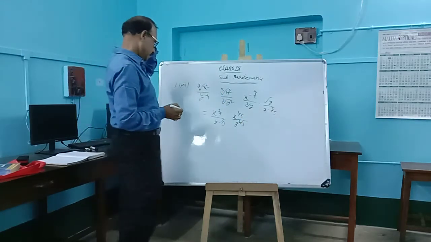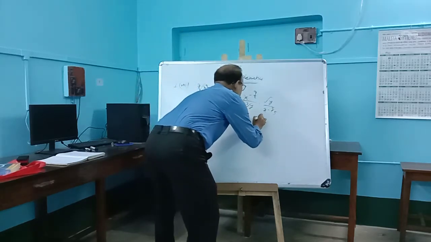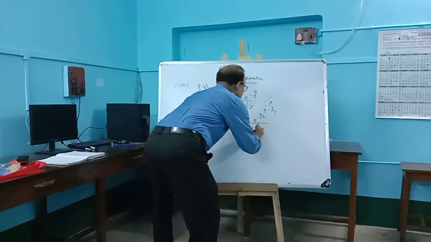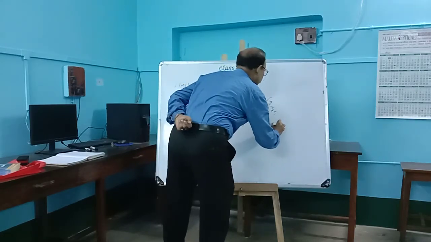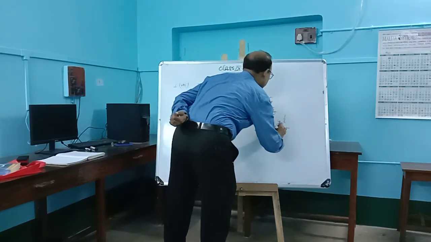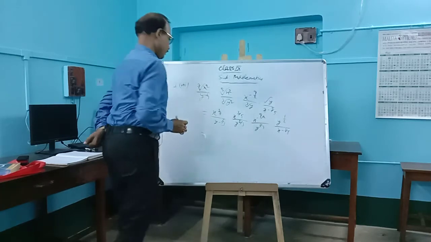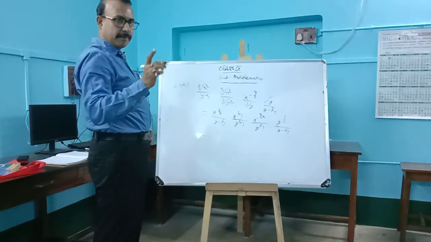Into x to the power minus 9 by 2, by y to the power 1 by 3, into y to the power 1 by 2, by x to the minus 3 by 5. In the case of multiplication, if the base is the same, the power will be added.